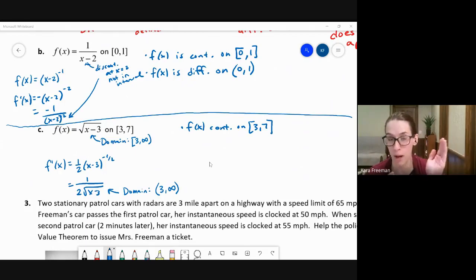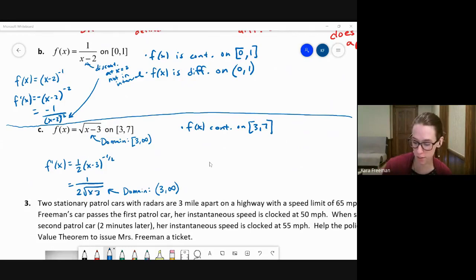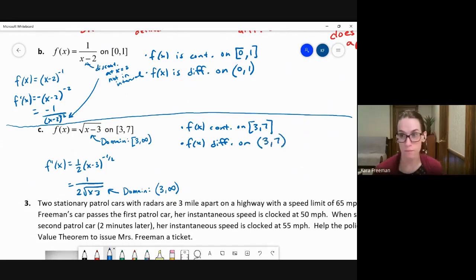And that's all I care about because I want f to be differentiable on open interval. So at 3, the fact that the derivative doesn't exist at 3 is okay because I want the derivative to exist on open interval 3 to 7. So that one's tricky. So does everybody see now that f is in fact differentiable on open interval 3 to 7?